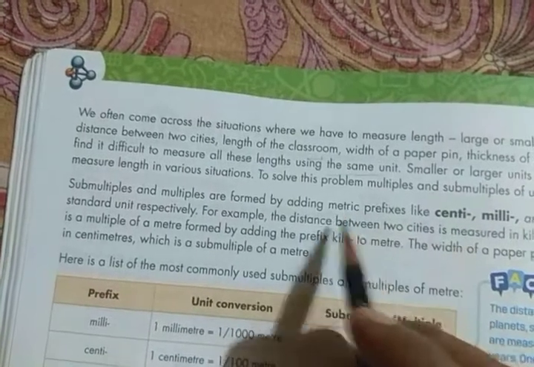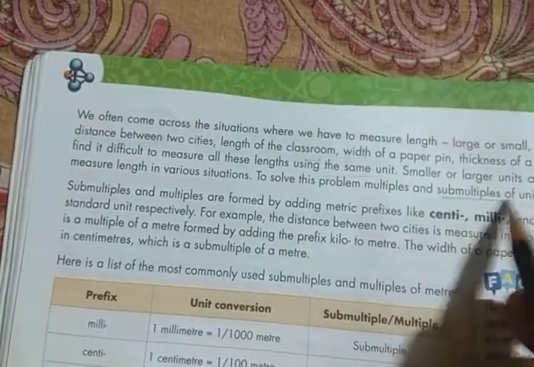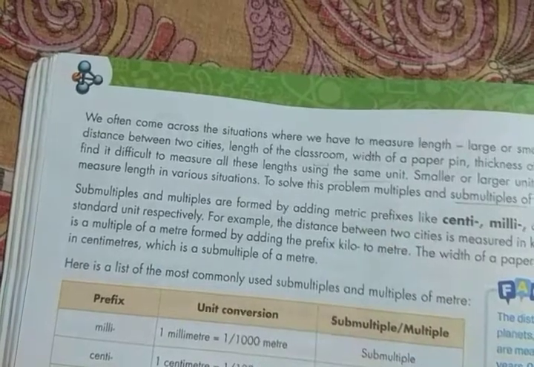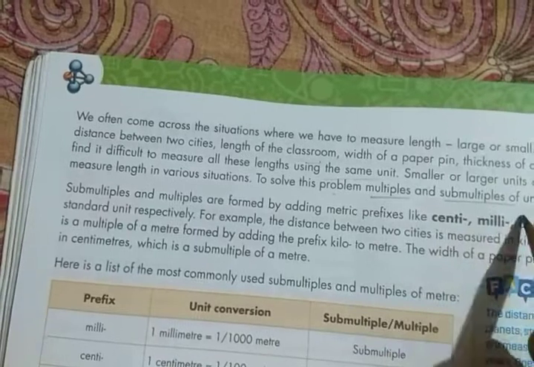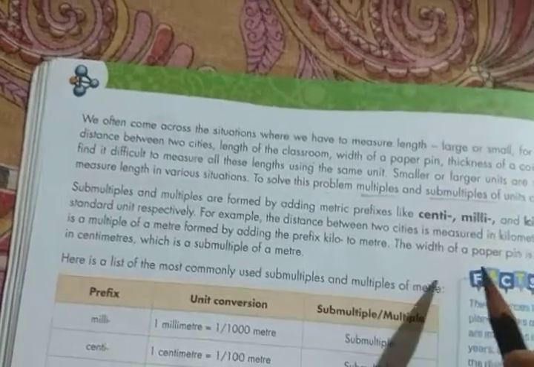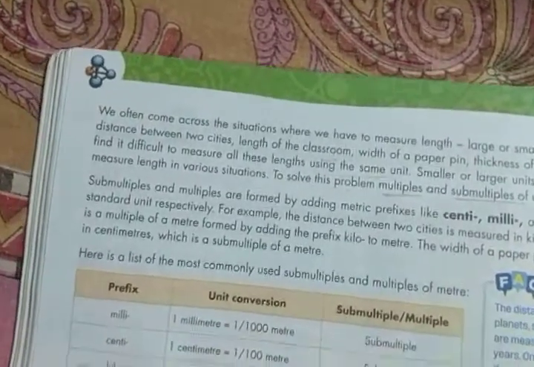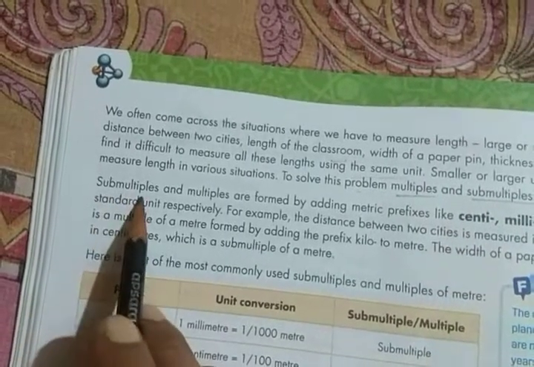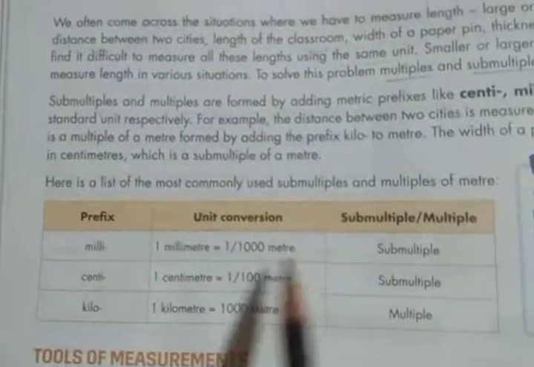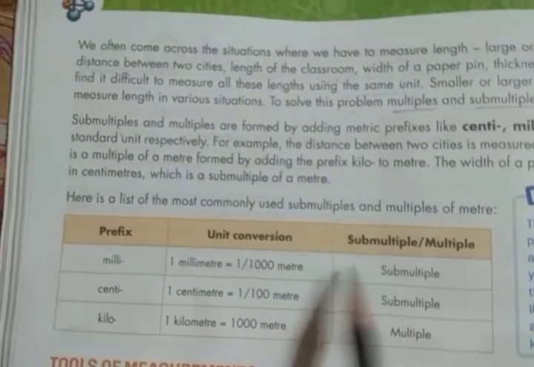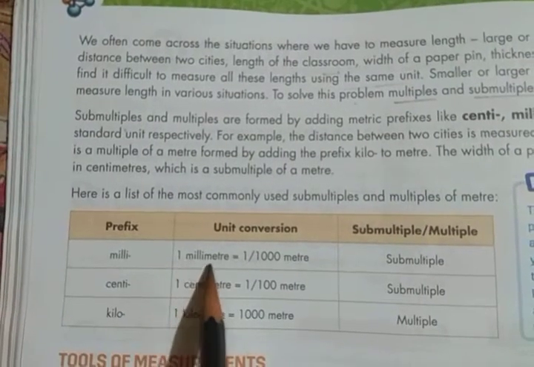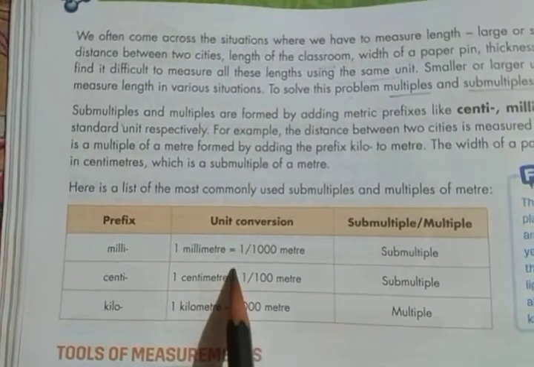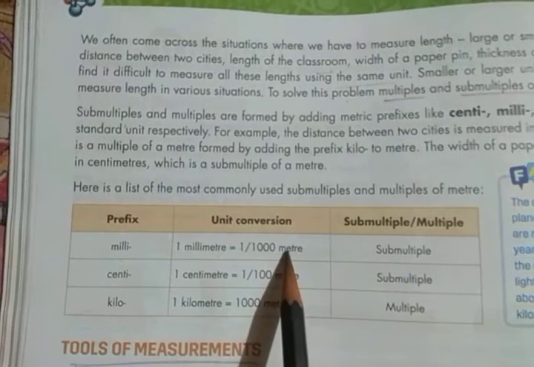To solve this problem, multiples and submultiples of units are used. Submultiples means, look here, 1 millimeter is equal to 1/1000 meter.